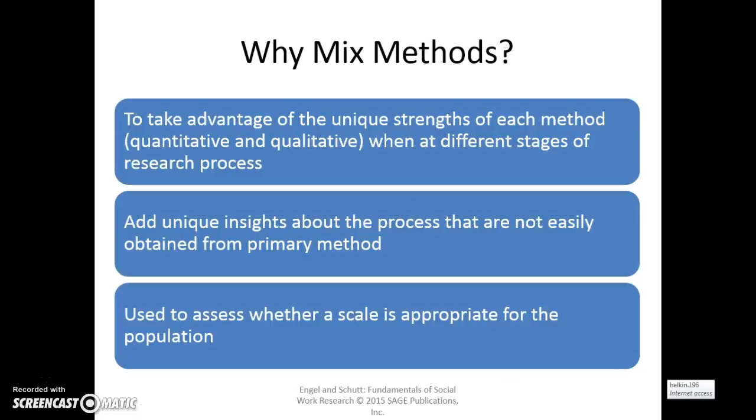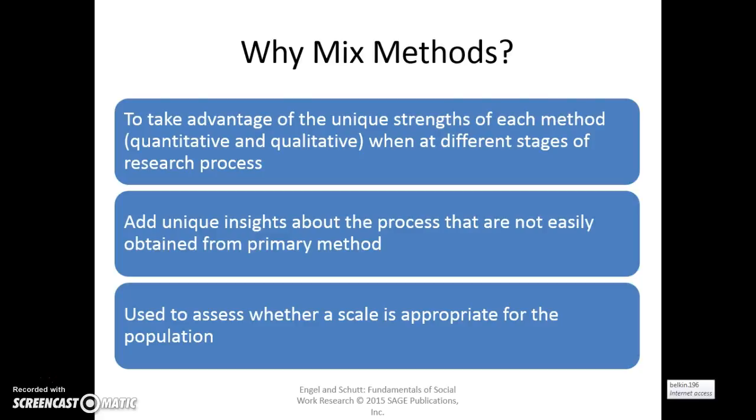So why would you do that? We've talked about how quantitative and qualitative research both contribute to the overall research process, and so mixed methods basically pulls them together. Rather than using each one to answer a different research question, the whole idea is you have one research question and you look at it from both a qualitative and a quantitative approach.